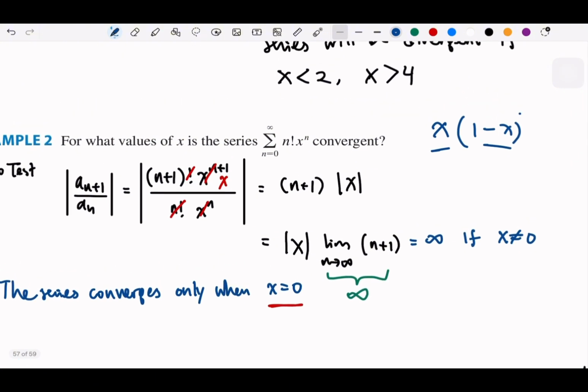If we have another x here, we have this problem, and this problem also. But that is when we have the same variable x. Do you see what I mean?